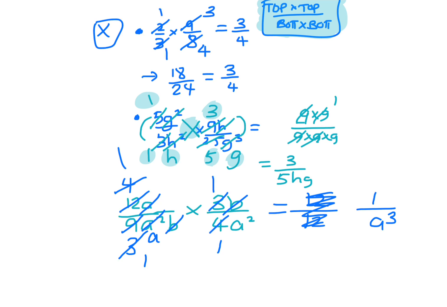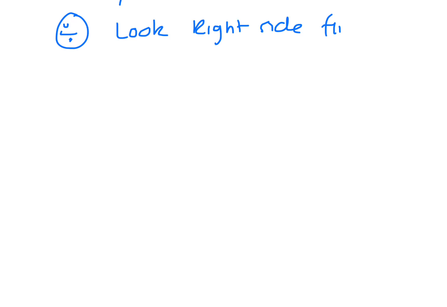Okay, but when you divide, you look to the right side, you flip, and you multiply. So let's say 4 on 5 divided by 16 on 25.